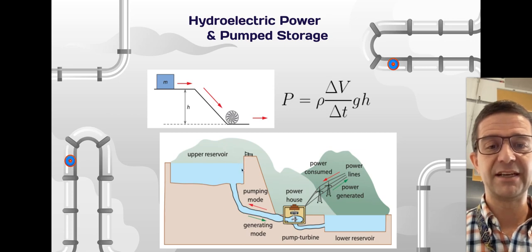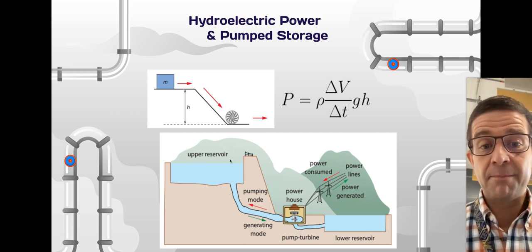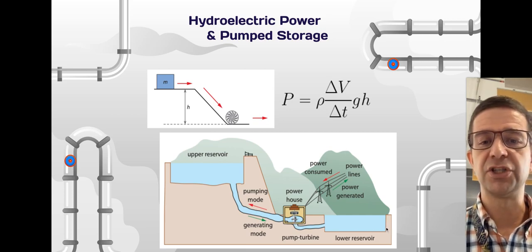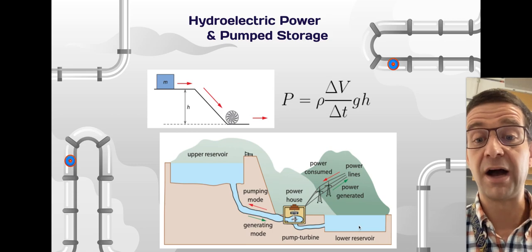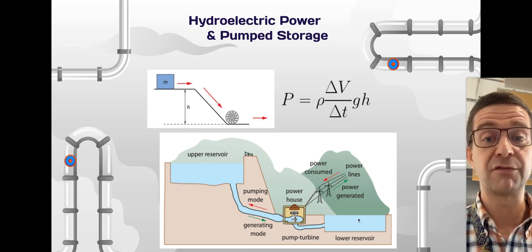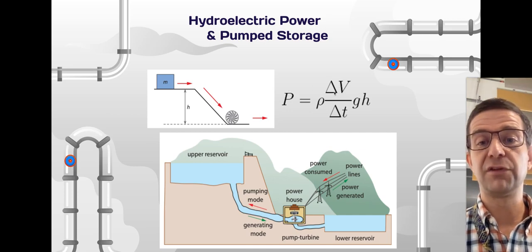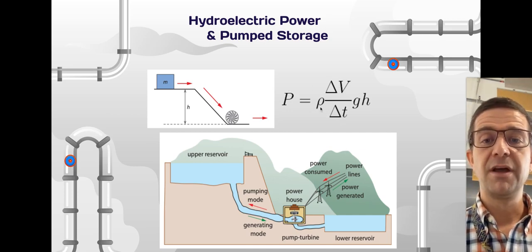Down here we see a schematic of essentially a dam. You have a reservoir. There's the dam that gives you an output of water down low. The output turns a turbine and releases the water to a river or, in this case, a lower reservoir. The power generation essentially has to do with the flow rate of water.